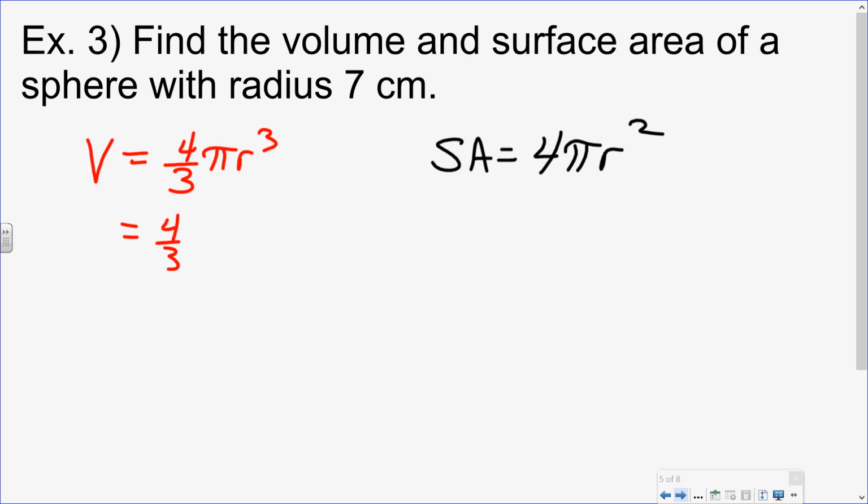So 4/3 pi times 7 cubed. And what you want to do on that is put it on your calculator, 4 times 7 cubed divided by 3. Don't put the pi in there yet. And see what that simplifies to. Anybody have the fraction that that becomes?